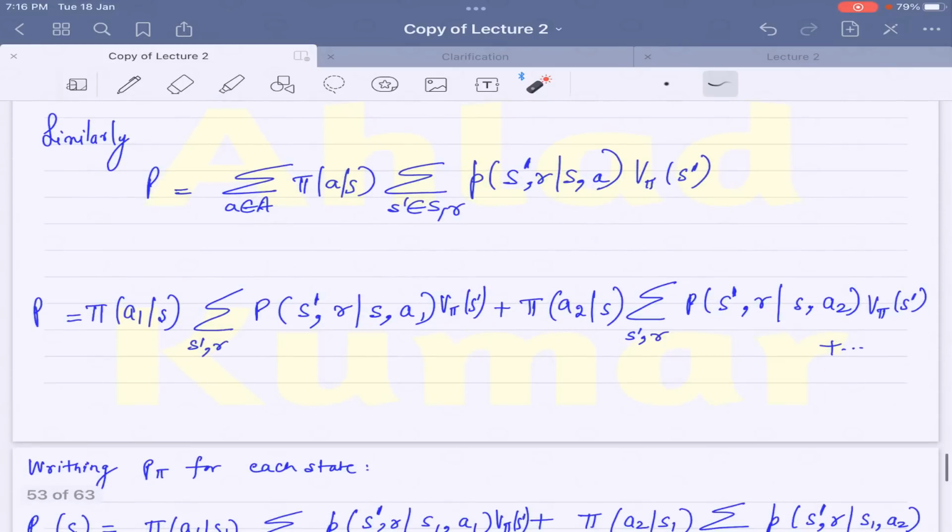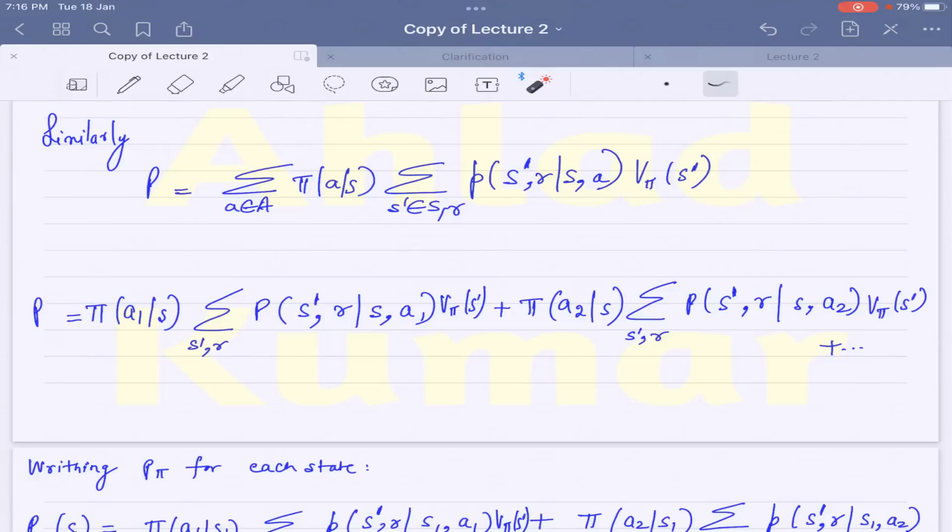So here, if you see this expression I have written again, earlier it was not there, now it is included. Now you can see how we can expand this expression.